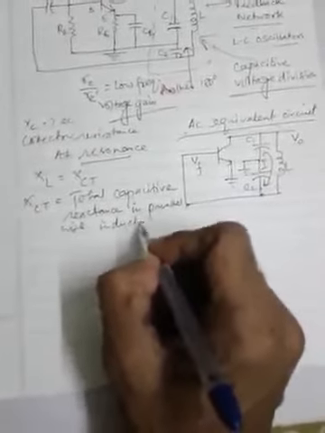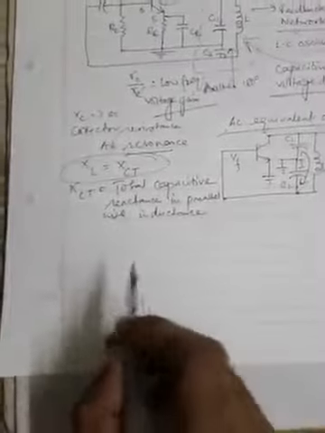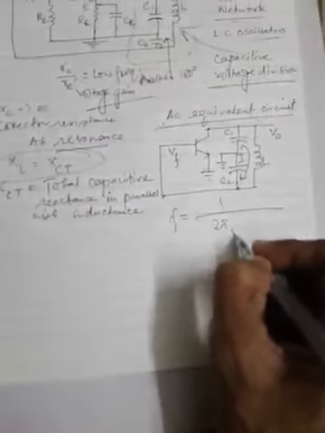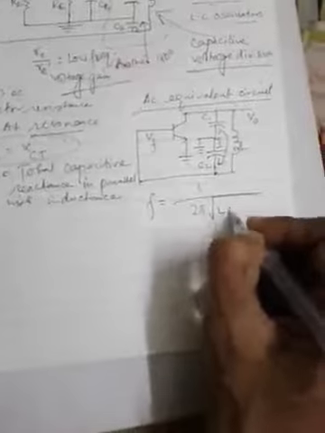Considering this condition at resonance, it gives us the resonance frequency, and the frequency of oscillation f is given by 1 by 2 pi root over L CT.